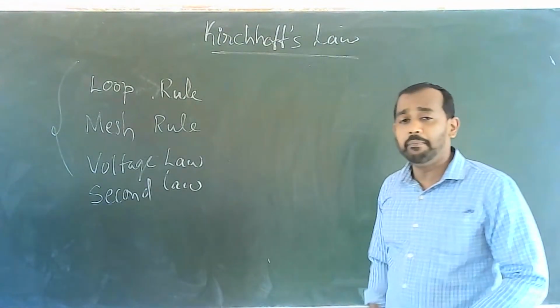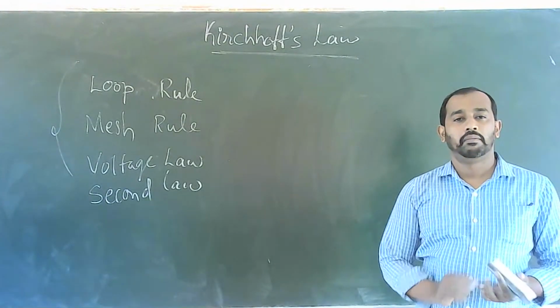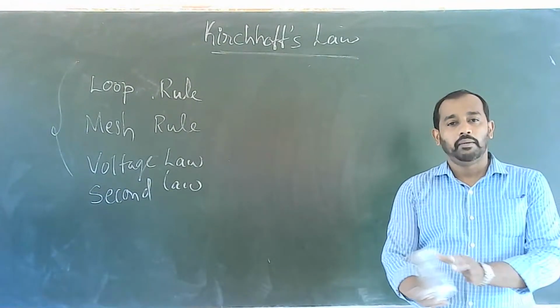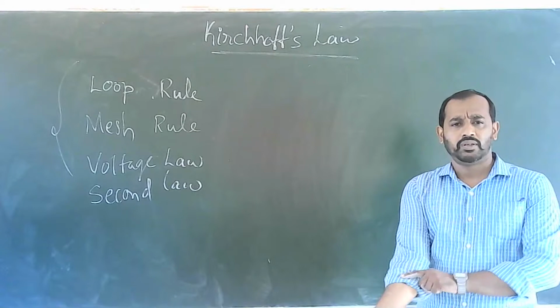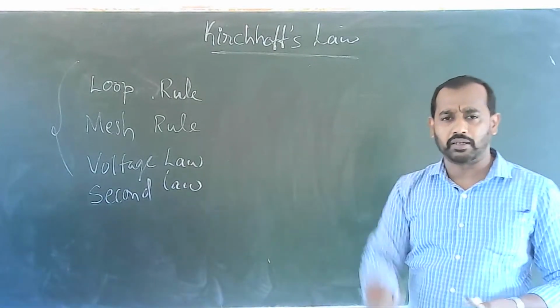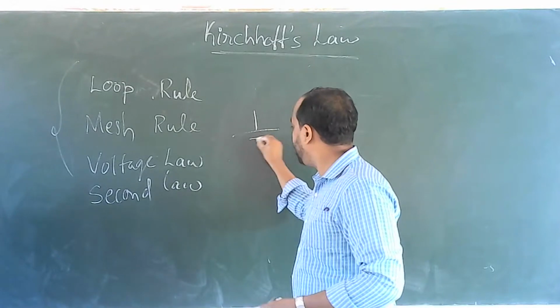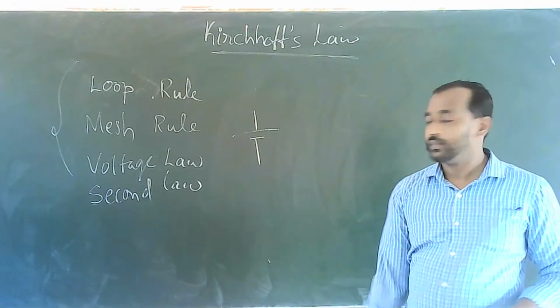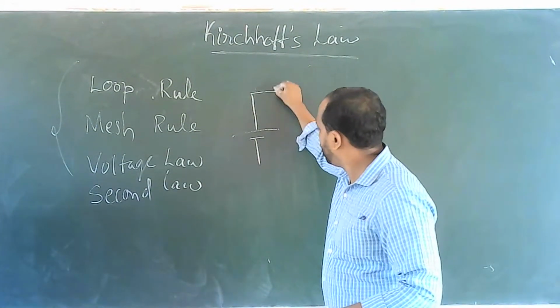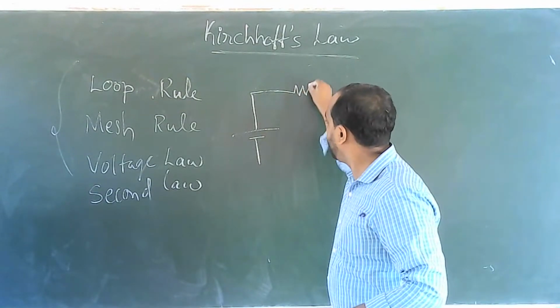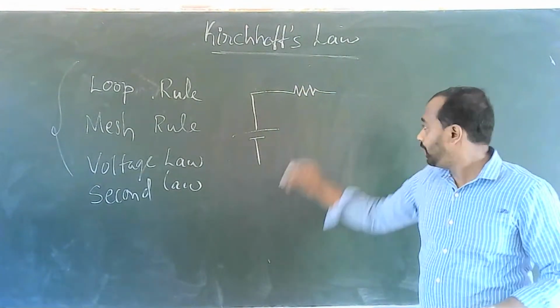Now I am going to consider a simple circuit. Not a complex network, a very simple circuit, given in the diagram. So here, there is a cell. Then there will be a resistance.